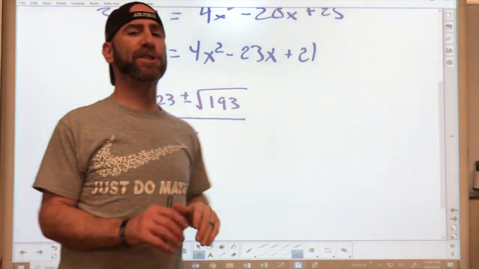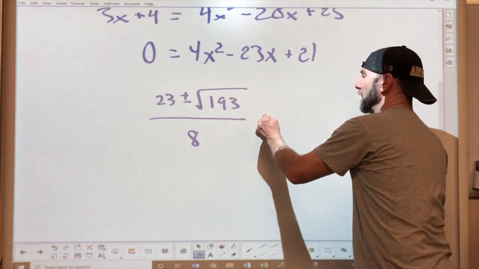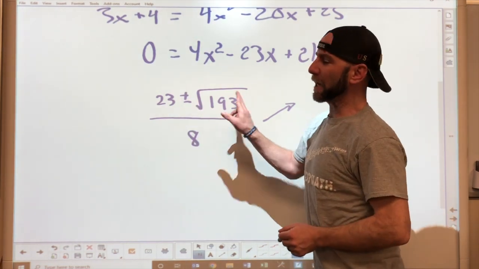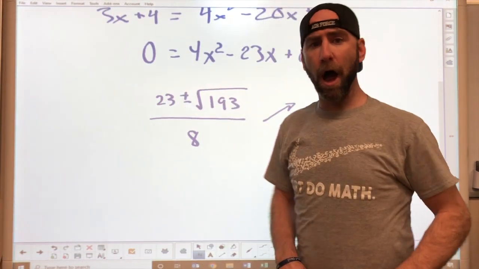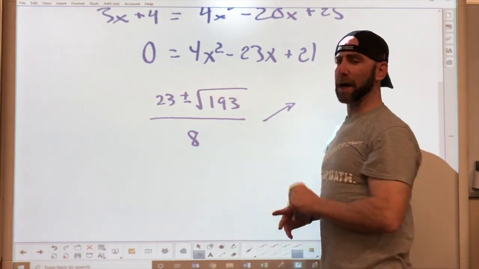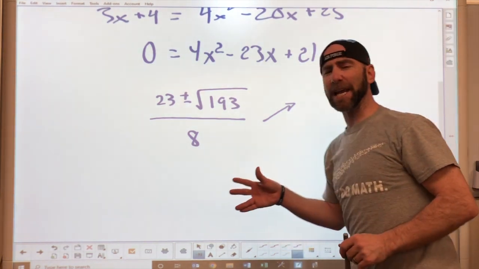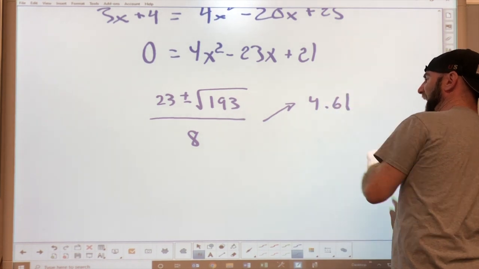But I want us to check it. So go ahead and plug this into the calc and then give me one of the values. Let's try 23 plus root 193. I did 23 plus root 193 divided by 8. It gives us an answer of about 4.61.